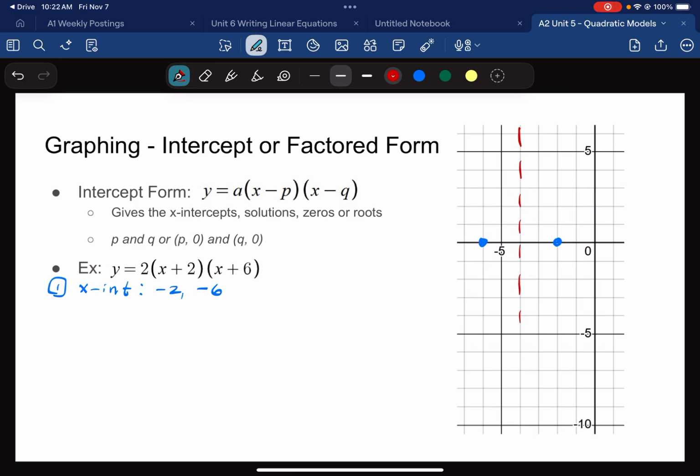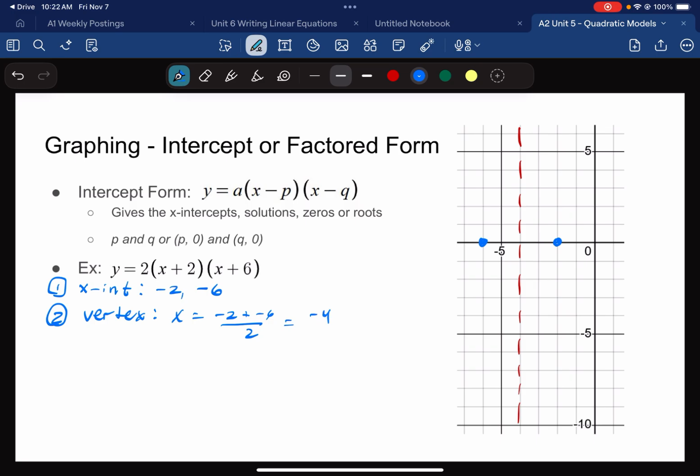So the axis of symmetry goes right down through there like that. And so I'm going to write here the vertex. If I take -2 plus -6, hang on, x is (-2 plus -6) over 2, which is -4.